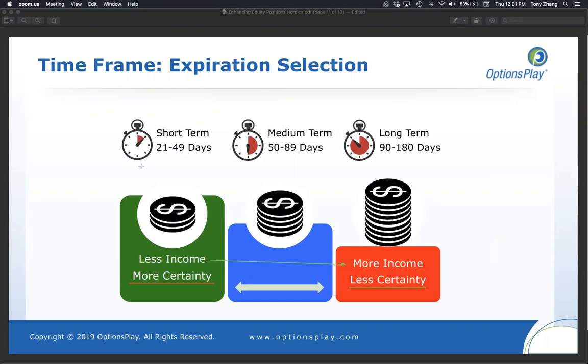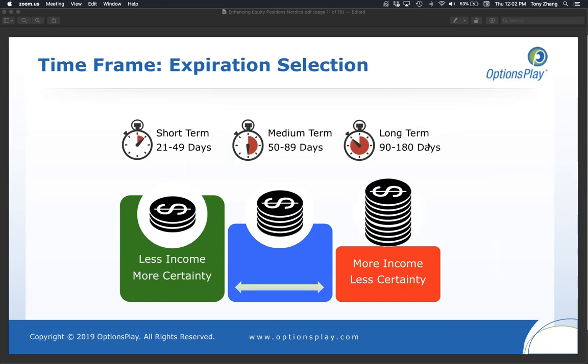So the question is, should I choose short, medium, or long-term options? And many times what I tend to see most users do is they gravitate towards the longer term. And the reason for this is because the longer term has more income. But what we wanted to do is we wanted to back test this. We wanted to actually test selling short-dated options, because the difference between selling a short-dated option with less income is that you can do it more often, right?